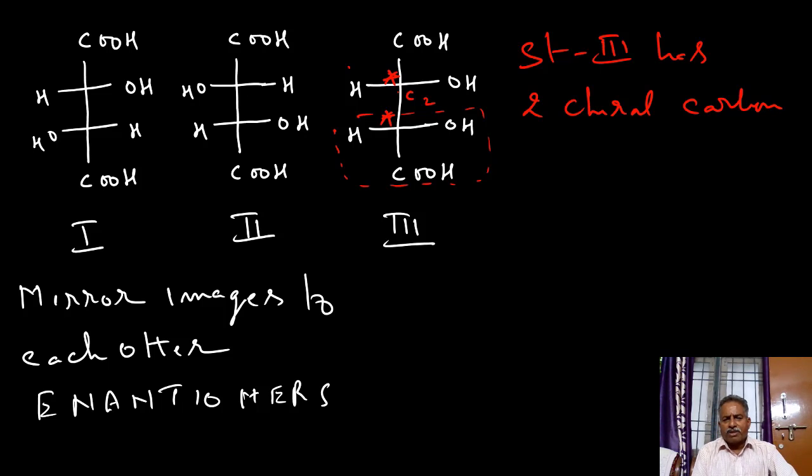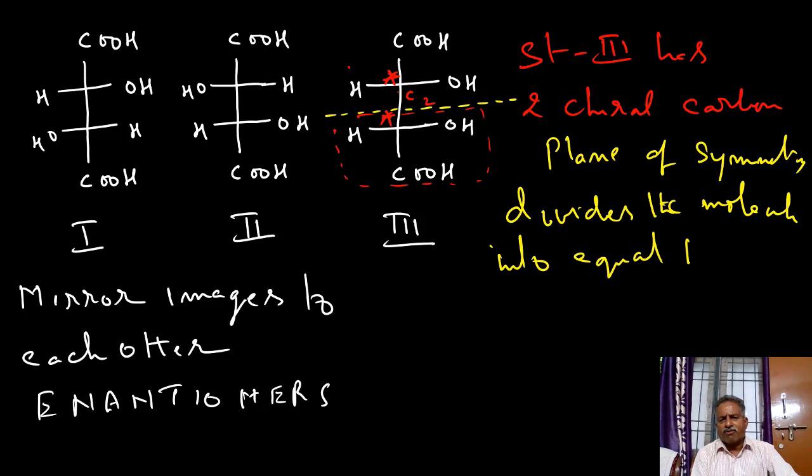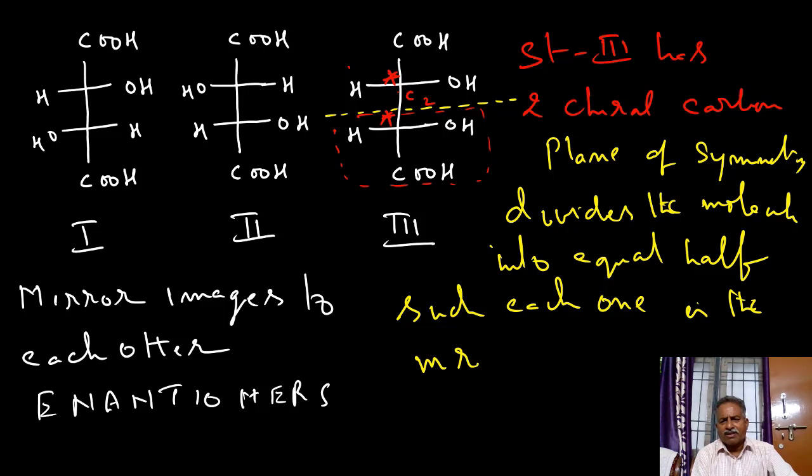Now imagine a plane of symmetry. This plane of symmetry divides the molecule into equal halves such that each one is the mirror image of the other.